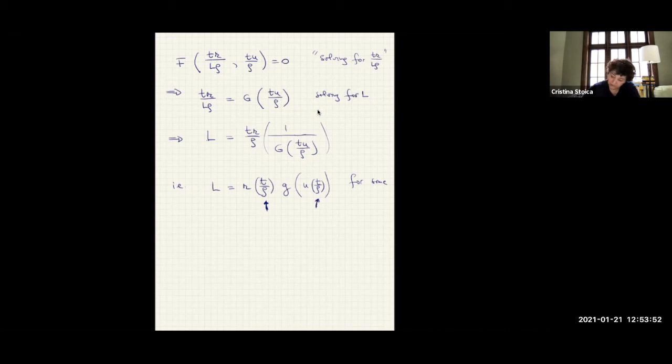For some function G that we don't know, what we can say is that the length L of the organism in question depends directly on its, what was this called?